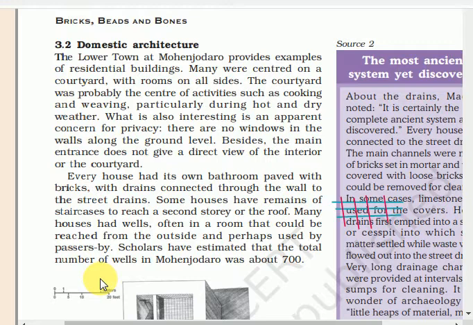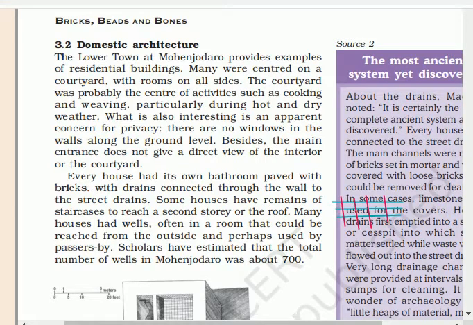Upper was known as the Citadel, and Lower Town was the place where commoners lived. What type of houses were there where the commoners lived? There were specific features of these houses. These houses had courtyards, and privacy was the main concern of the house building.